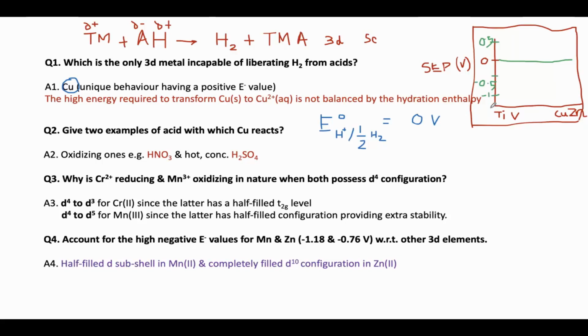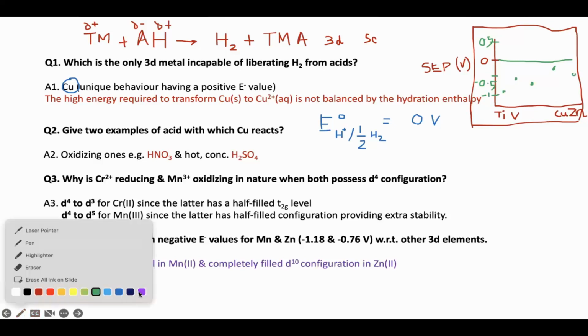And in the graph, from titanium to zinc, in all the cases, the E0 value of the metals lie in the below section of the 0 volt. So in case of titanium, let's say it is here. Vanadium, it's here. In case of manganese, it is here. In case of iron, it is here. In case of zinc, it is here. But in case of copper, the situation actually is completely different.